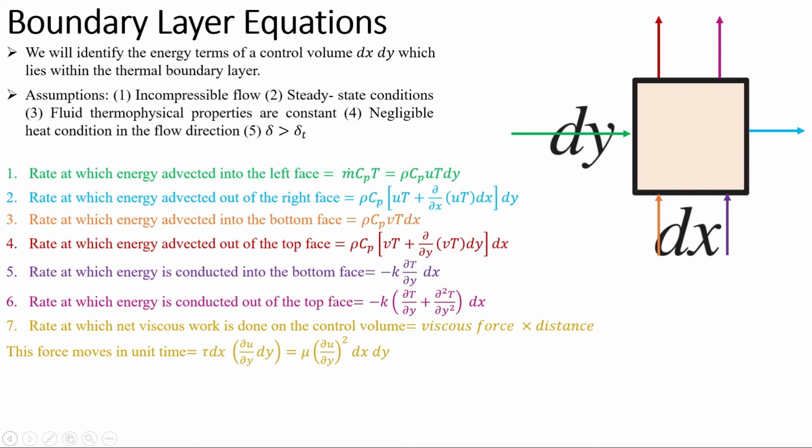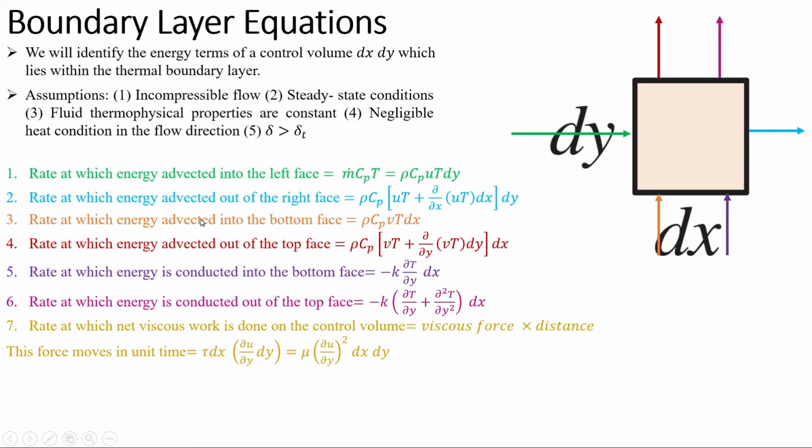Now if we consider the viscous forces, then there will be work done on this control volume due to viscous forces, which will be equal to tau dx (∂u/∂y) dy, which will be equal to mu (∂u/∂y)² times dx dy. So basically there are 7 energy in and out equations, 7 equations.